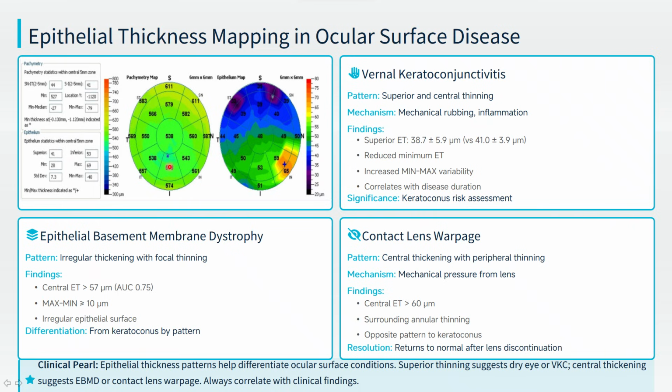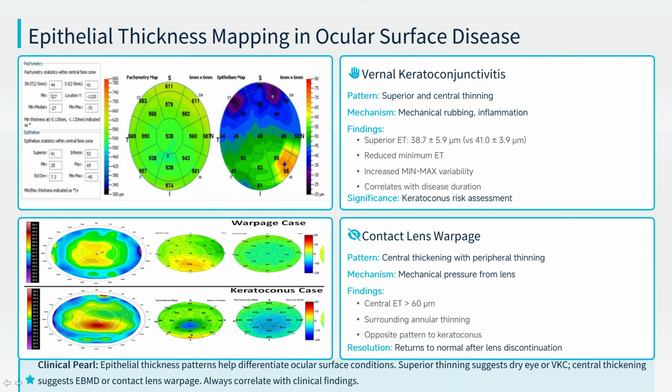This is the pachymetry map, and this is the epithelial map. Another disease is contact lens warpage. Now, this is another important problem that we should differentiate: contact lens warpage and keratoconus. In keratoconus, the remodeling that happens in the corneal epithelium is secondary.